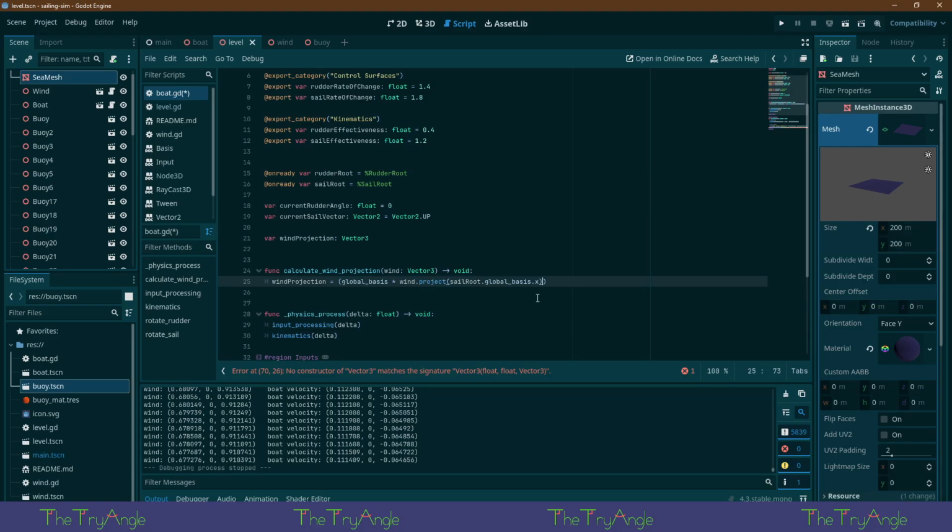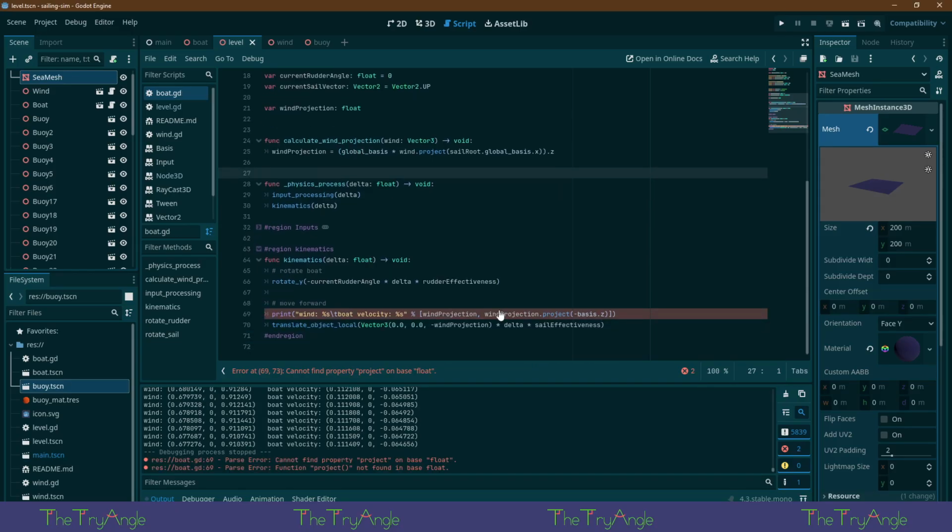I know what I'm doing wrong. This should just be a z value. What if I make it negative? This is just in the z. Oh, right.